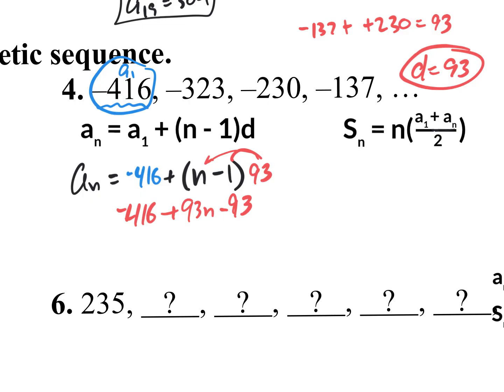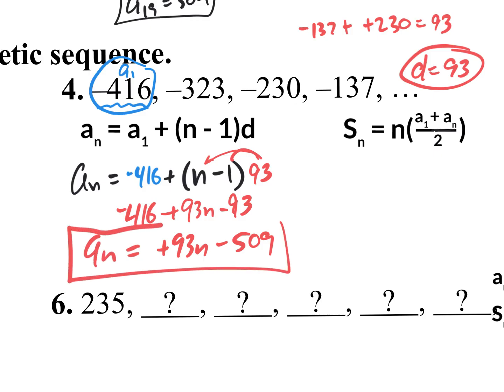And now with the calculator, minus 416 minus 93, to be on the safe side, that's going to be a negative 509. So what we really have here is positive 93n minus 509, or plus negative 509. So this is the a sub nth rule, and that's what they're asking for, right?